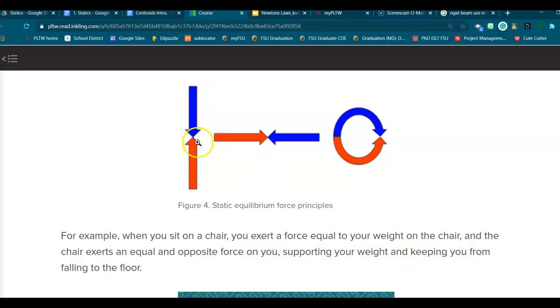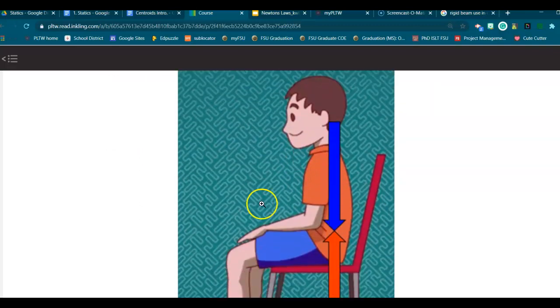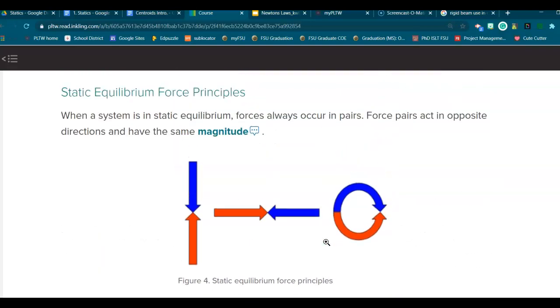So let's use these arrows before we look at the picture. This is you, 100 pounds, sitting, and this is the chair pushing back 100 pounds. So you're not sitting on the floor because that chair can handle it. 100 pounds there, 100 pounds up, everybody's happy. We like that. That's static equilibrium because your chair did not collapse.